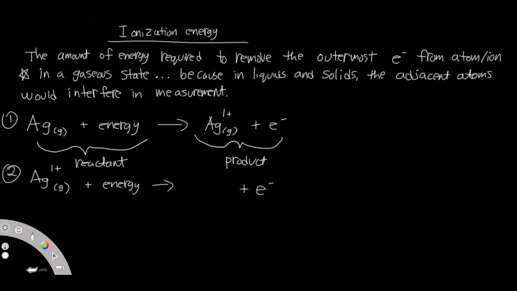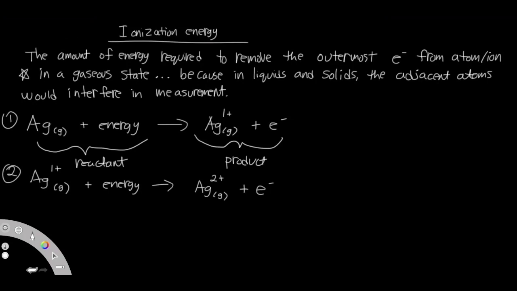So the electron is going to be released again. It released another electron, so now instead of being positive 1, it's going to be a positive 2. And you can do the same thing for a third, and then a fourth, and then a fifth ionization energy. It doesn't matter. We need to start seeing trends now, like how we saw the trends for the atomic radii.